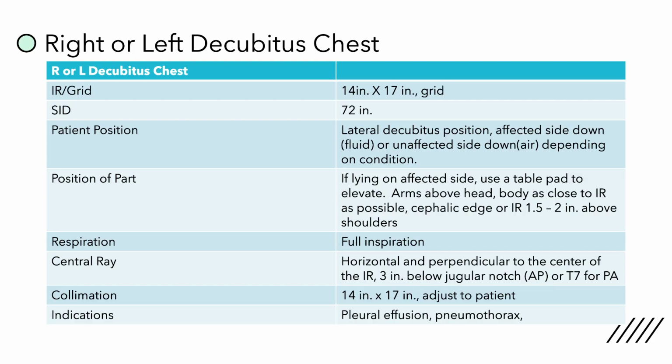Again, we want this to be full inspiration. The central ray will be horizontal and perpendicular to the center of the IR as usual, and it'll be 3 inches below the jugular notch if we're doing A to P, or T7 if we're doing P to A. For the collimation, again 14 by 17, and then we'll adjust to the patient.